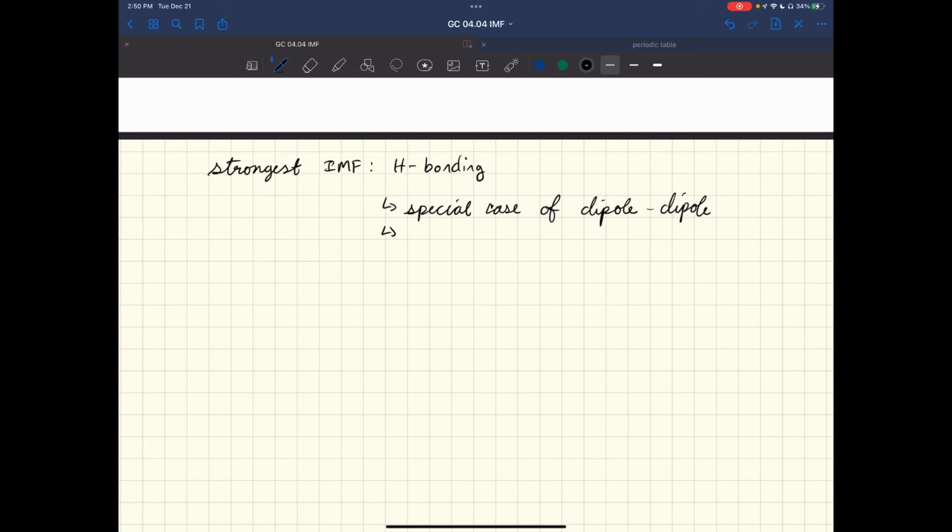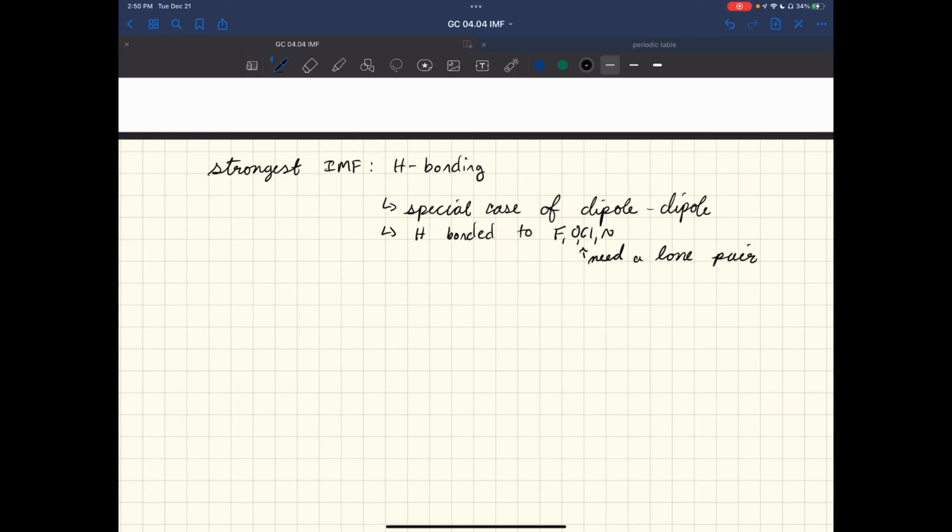And in order to get hydrogen bonding, you need a hydrogen bonded to a fluorine, oxygen, or nitrogen. And on this atom, you need a lone pair.